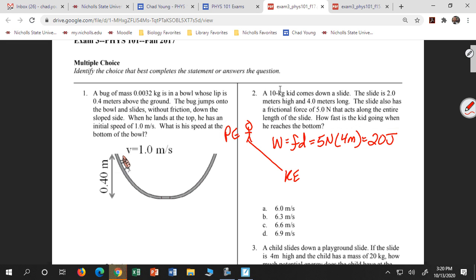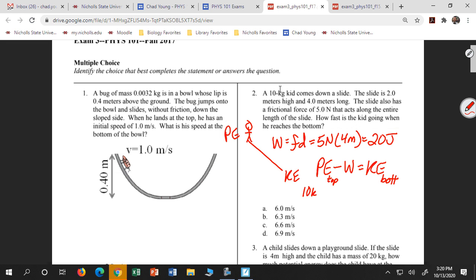The way I can think about this is my potential energy minus the work will be equal to the kinetic energy at the bottom. Potential energy at the top, kinetic energy at the bottom, and then this work is the work that's done by friction on the kid. So I know the potential energy here is mgh.